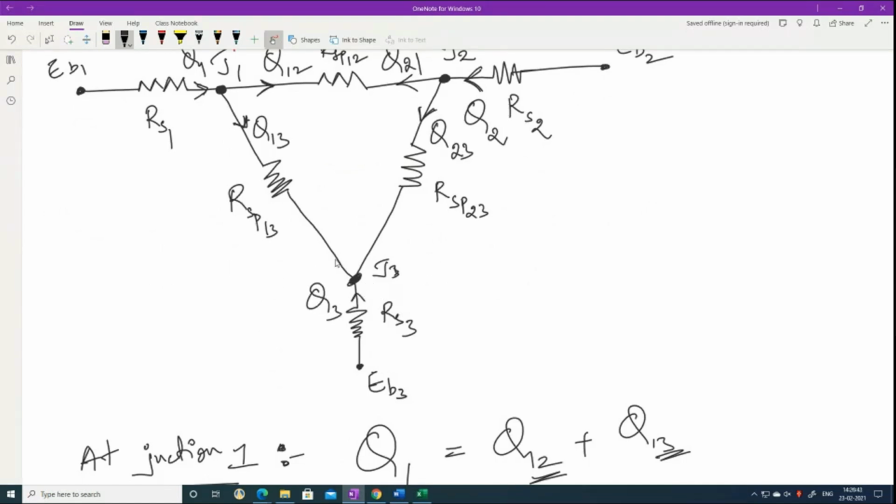Q3 here is dividing into Q31 this side and Q32 this side. I hope that is clear to you. Otherwise, I can show that in another color: Q3 is going like this, and part of it is going to one side, Q31, and part of it is going to the other side, so Q32 you will have.